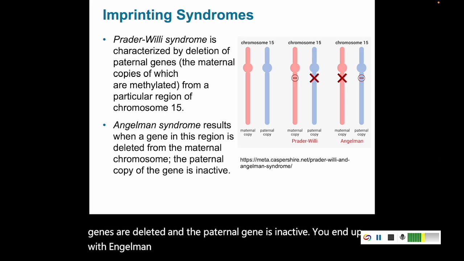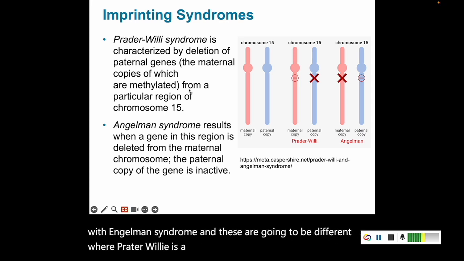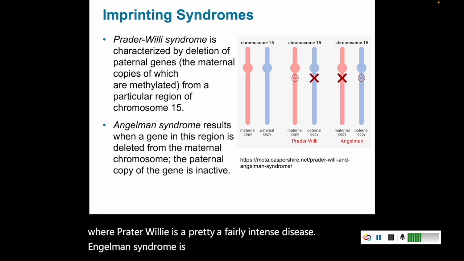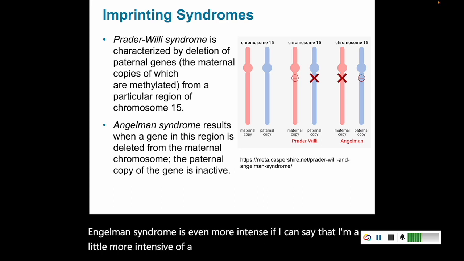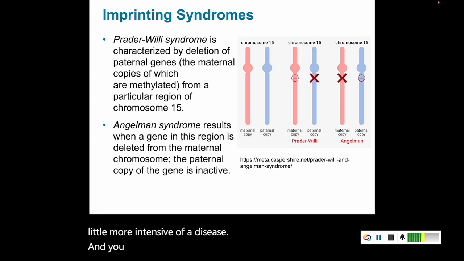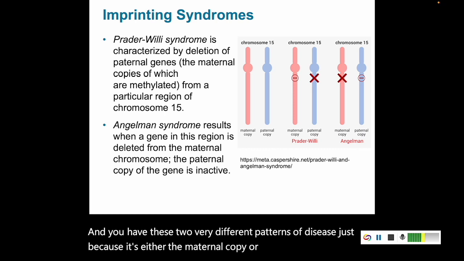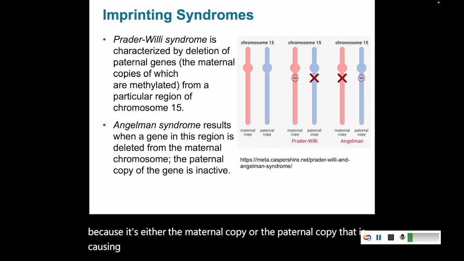And these are going to be different, where Prader-Willi is a fairly intense disease, and Angelman syndrome is even more intense, if I can say that. A little more intensive of a disease. And you have these two very different patterns of disease just because it's either the maternal copy or the paternal copy that is causing that disease.